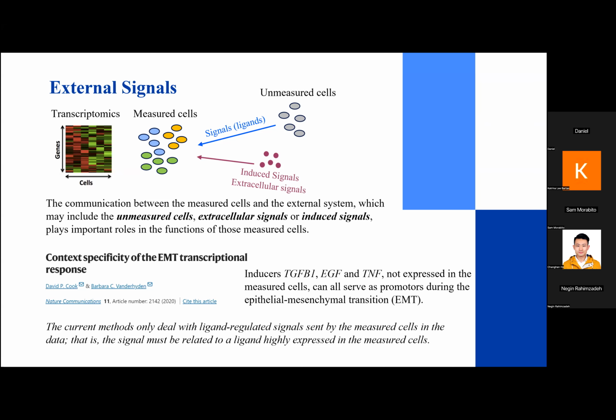If a ligand is lowly expressed, or even not measured in the measured cells, the current methods cannot identify it. Therefore, the motivation is how we can develop a new method that uses the data from measured cells to infer potential external signals.